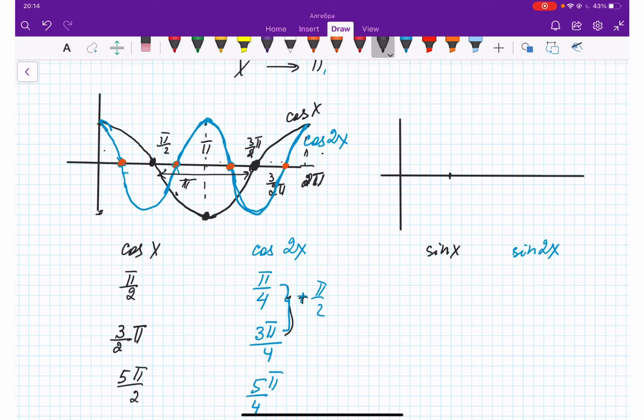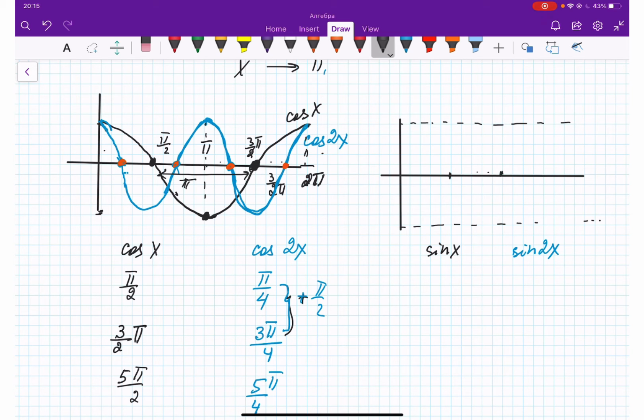This is half a pi. And this is going to be our positive one. 1, 2, 3, 4, 5. This is our negative one. Okay, this is half a pi, and then 1, 2, 3, 4, 5.